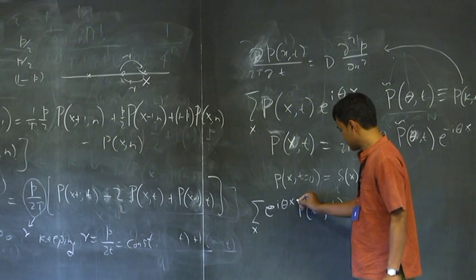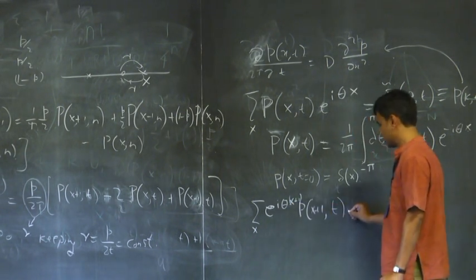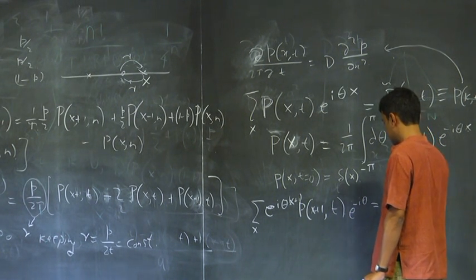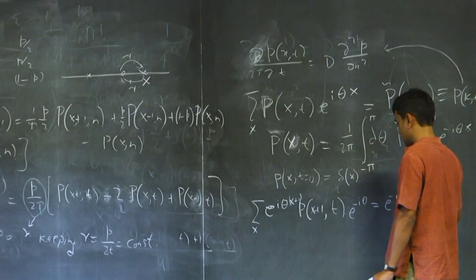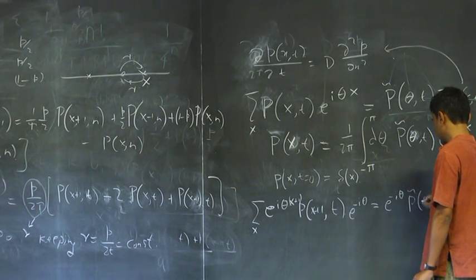What I can do is put x plus 1 here and bring out an e to the power minus i theta, right? So this is e to the power minus i theta, and this is still p tilde of theta, t.